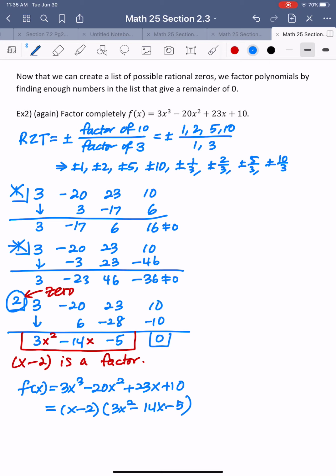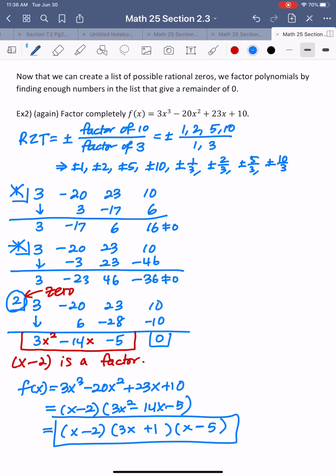And then I noticed that the 3x squared minus 14x minus 5 is factorable. And then you get the 3x and x. And then I need to get 14 as a difference. So I should put negative 5 here and then plus 1 in here. Yeah, so this is a complete factored form.